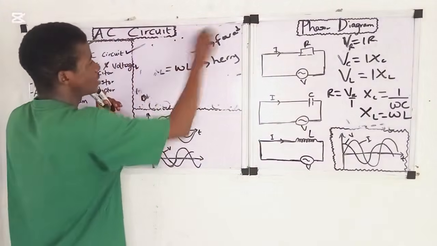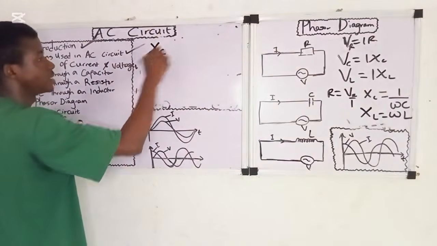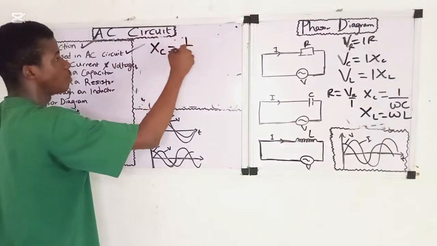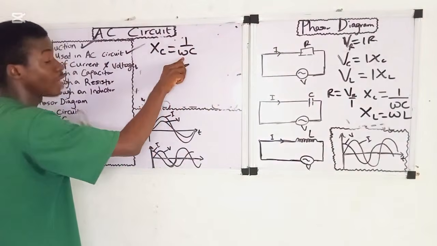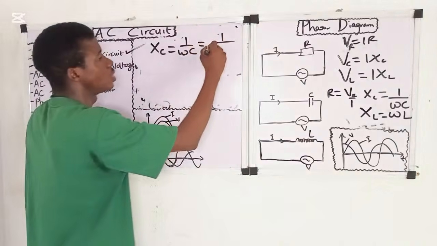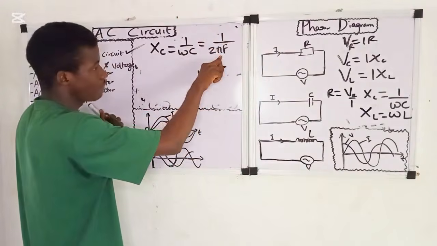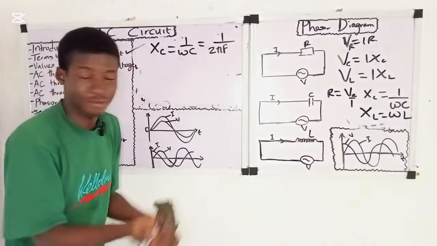Now let's derive further. Capacitive reactance is equal to 1 over omega C, that is angular frequency times capacitance, right? Angular frequency is 2 pi f, which is different from angular velocity.